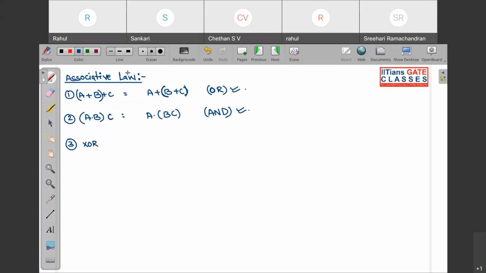In GATE exam you won't be getting such kind of question, but in your HAL exam you will be getting a lot of theoretical questions. So XOR gate, if you check, this is also associative.